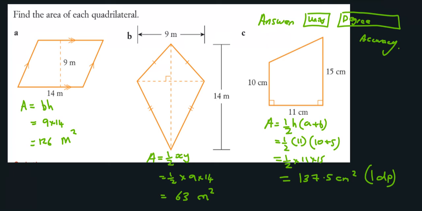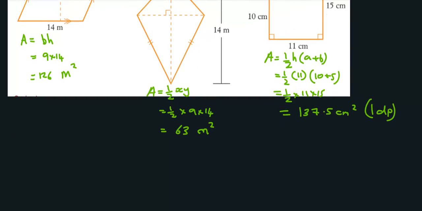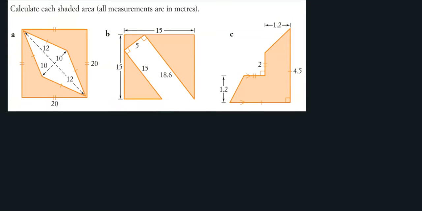Okay, so let's have a look at some more complicated questions. Yikes. So we've got some quite difficult problems there, and I'm just going to give you a little example. So say, for instance, we have a square.